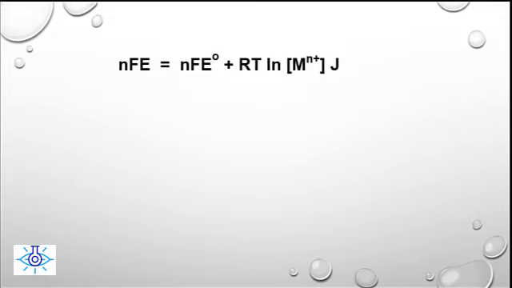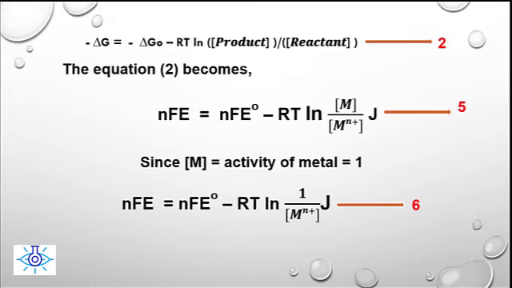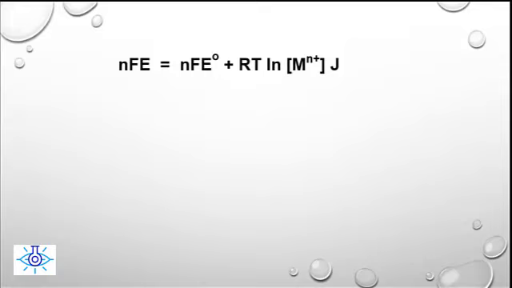Now 1 by M^n+ is, in log terms, minus ln M^n+. So this will be rewritten as nFE = nFE0 + RT ln [M^n+]. Now divide this whole equation by nF.